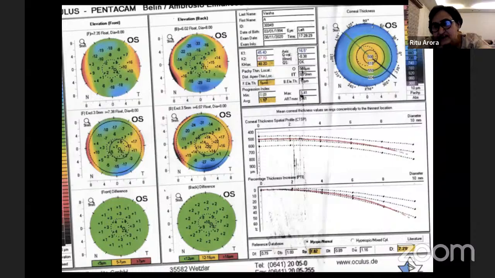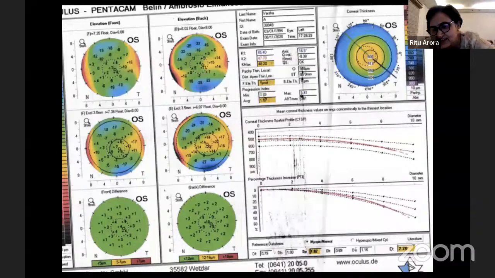If you have a steep cornea, what is the higher chance of flap-related problem? Steep cornea, you do LASIK, higher chances of buttonhole. So you don't want to land up with flap-related complications. That's why, and thin cornea, you would like to do a PRK and play safe.